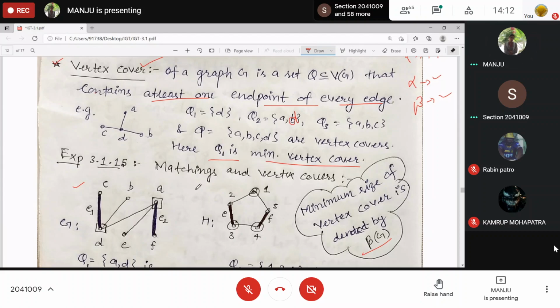Minimum number of vertices to cover all the edges. And covering means that it contains at least one endpoint from every edge.